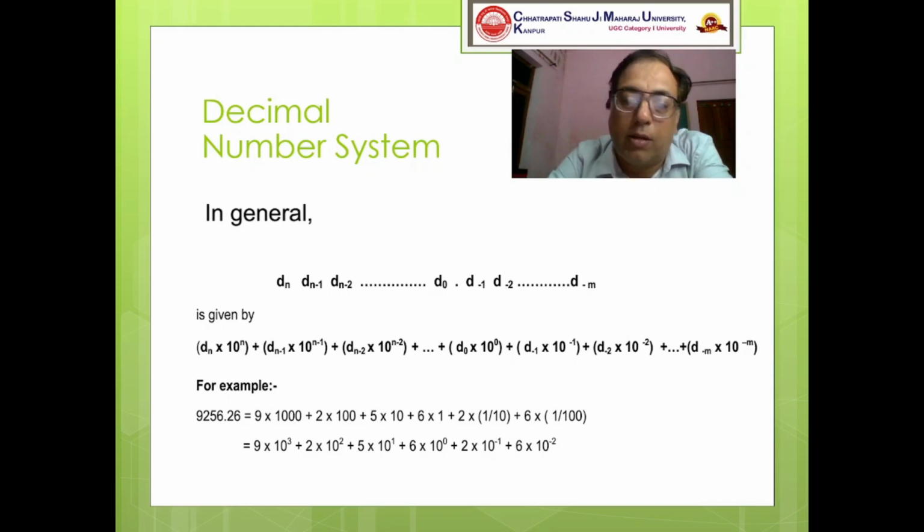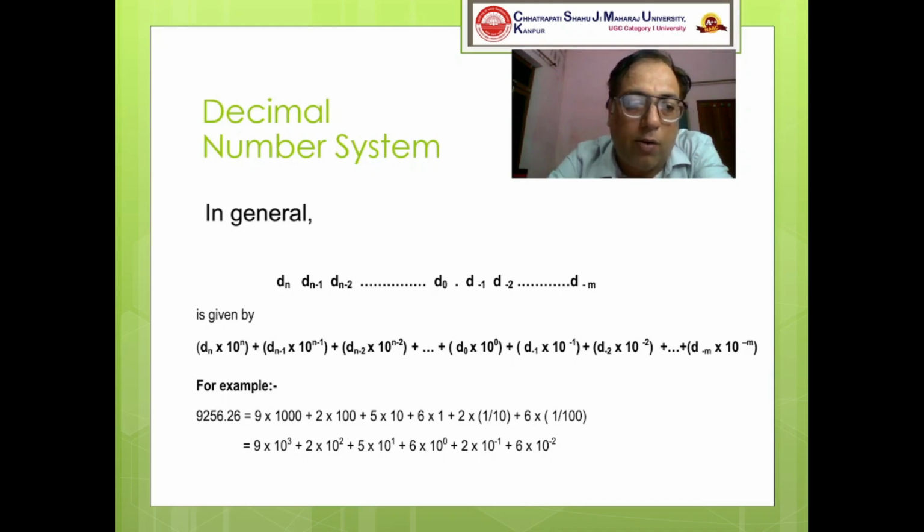And for the digits below the radix point, it can be given as d_(-1) into 10 to the power minus 1, d_(-2) into 10 to the power minus 2, plus so on up till d_(-n) into 10 to the power minus n. For example, I'm taking the example 9256.26. It's simply 9 into 10 to the power 3, because it's at the fourth position from the radix point, the positions being 0, 1, 2, 3.